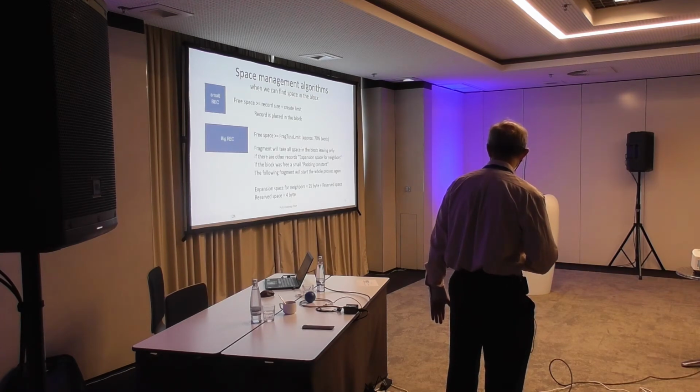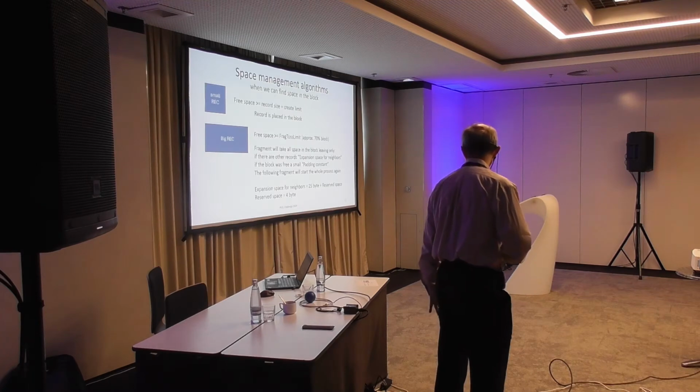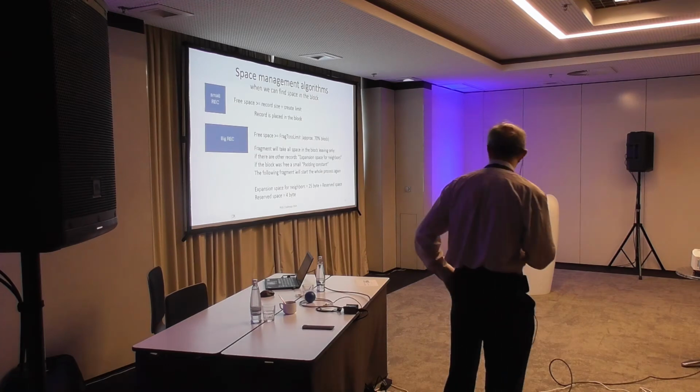If this block was empty and didn't have any records before, then it will just leave 4 bytes. If this block had some records before, it will leave an extra 25 bytes for the neighbors. That's how we call it, just for growth of the neighbors.